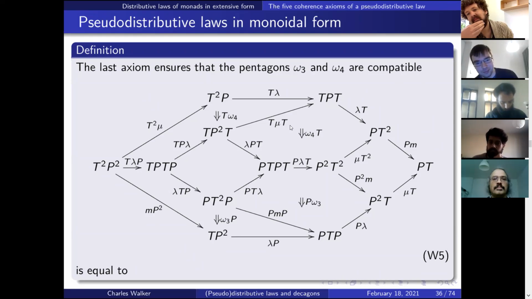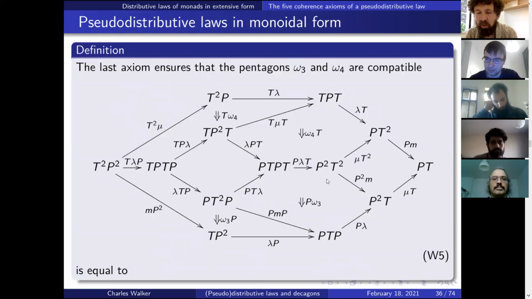I think probably, but I haven't really thought about that much because it already gets quite complicated just in the two-ary case. I mean, yeah, probably. Yeah, maybe.